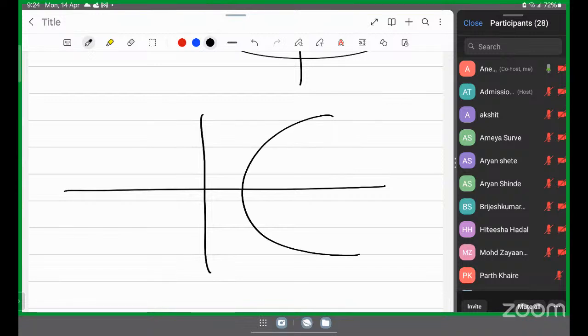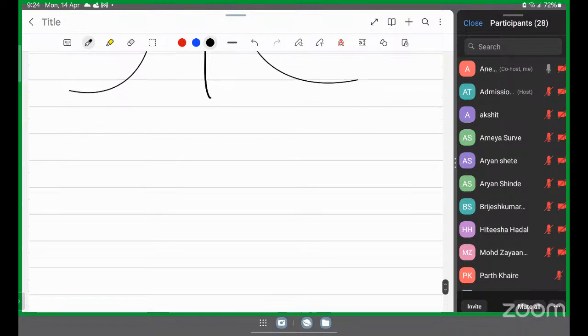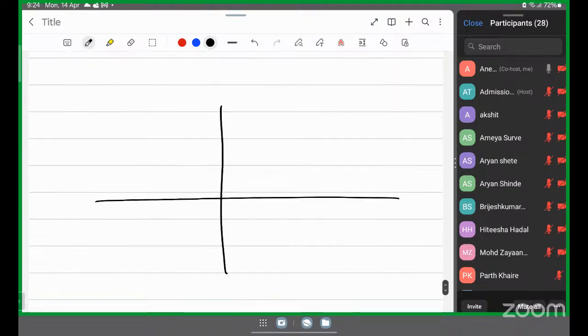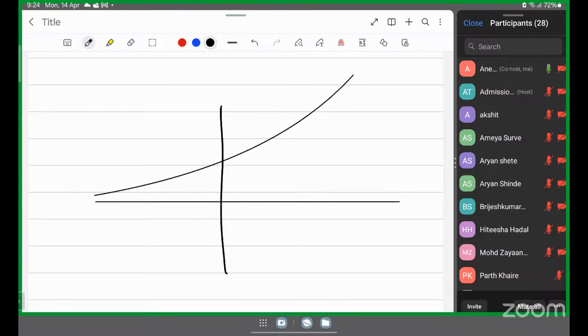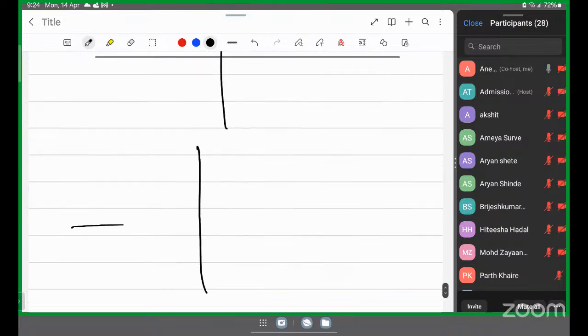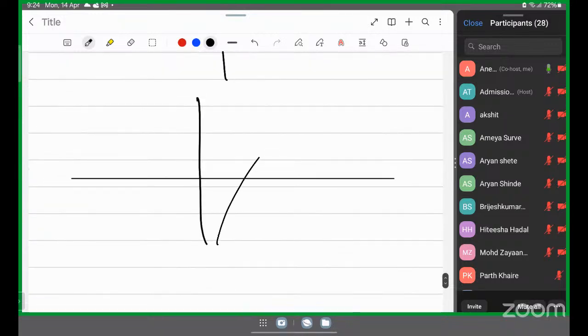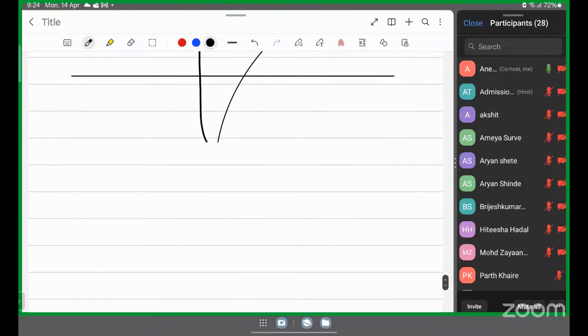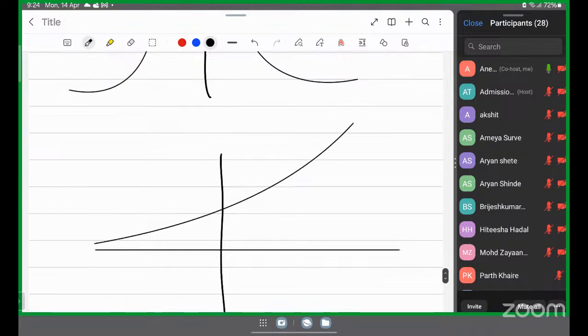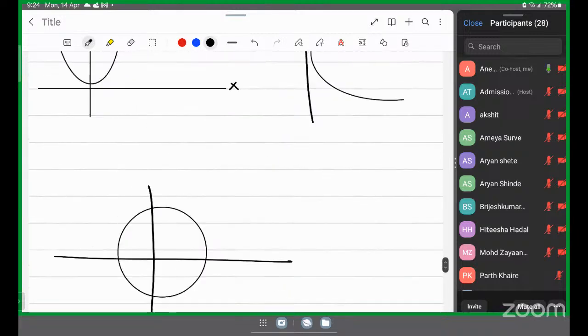This is also a curve. If we take these curves, then which curve will represent a function and which curve is not a function? We have to check it by the VLT test.